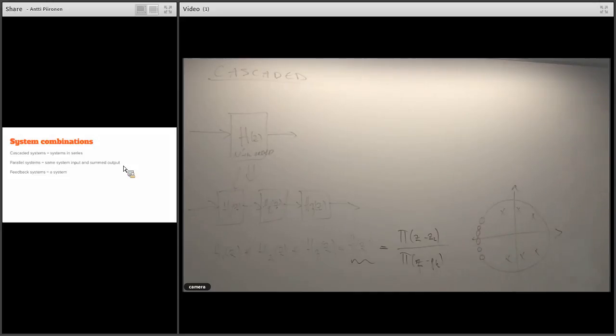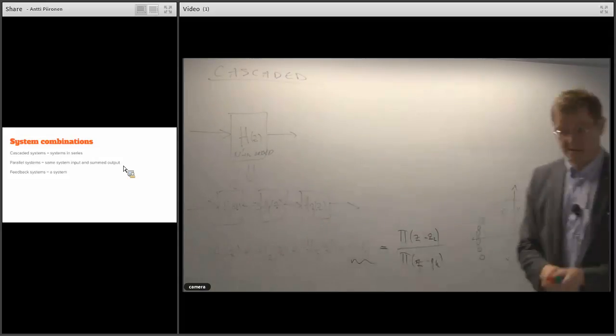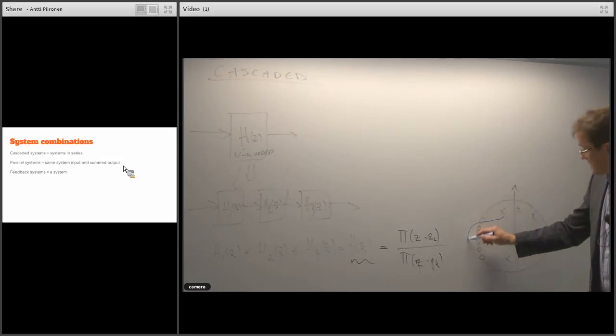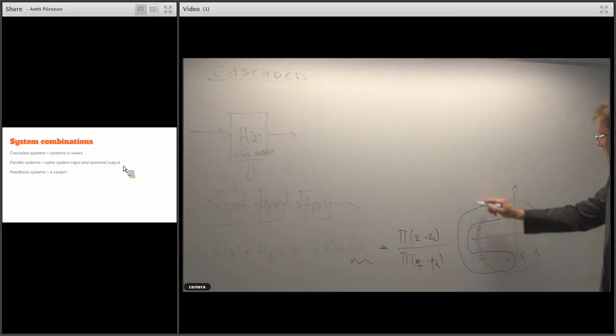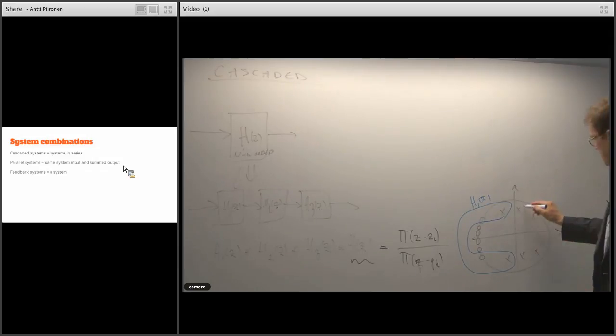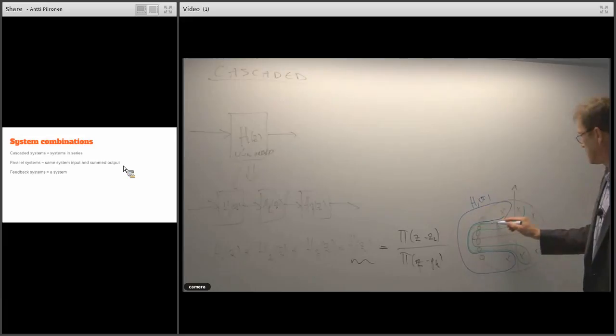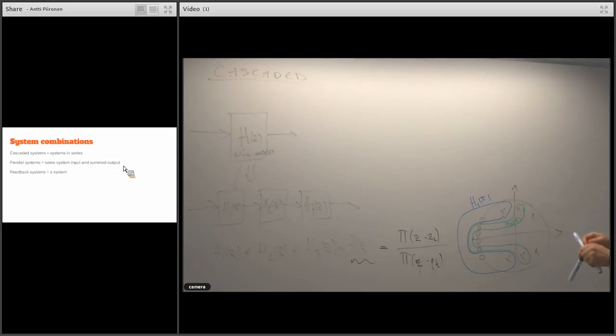So there are zeros and poles, and we could start combining or separating the systems so that these zeros and poles would be my H1(z), a second order system. The second one would be these, H2(z), and the third one is the remaining.